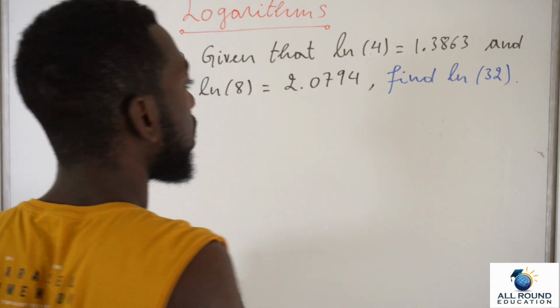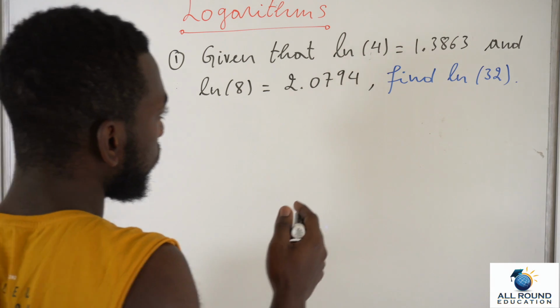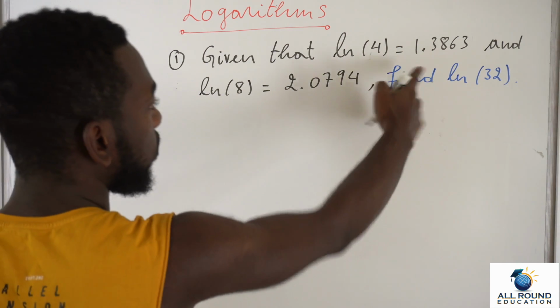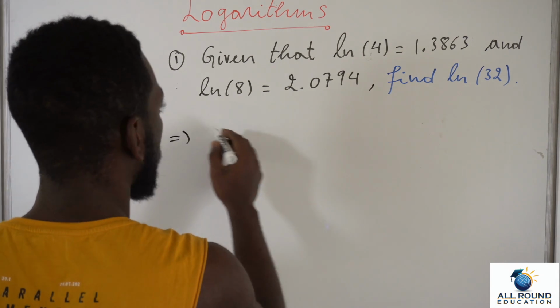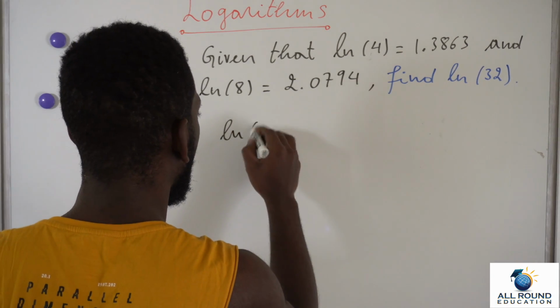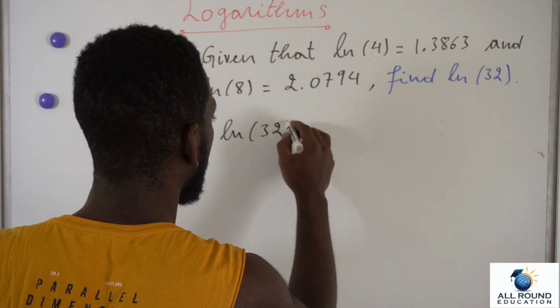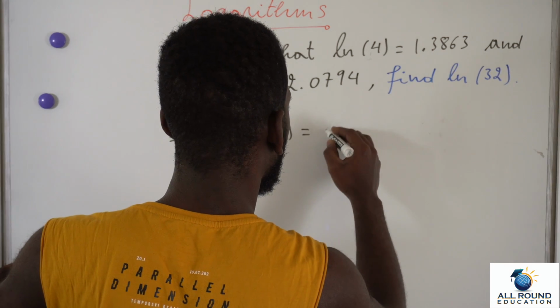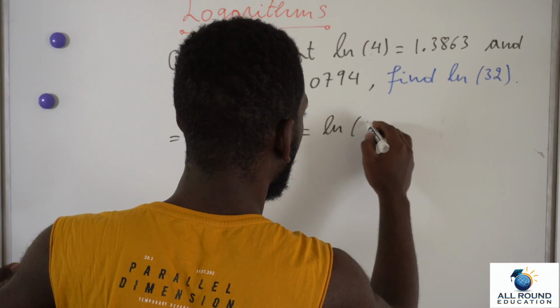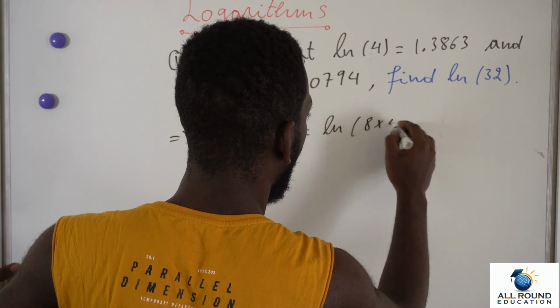So my first step, I will write ln 32 is equal to, using the product rule, ln of 8 times 4.